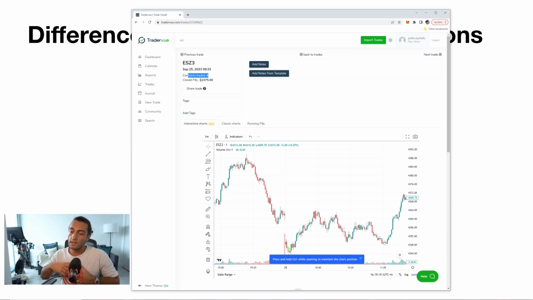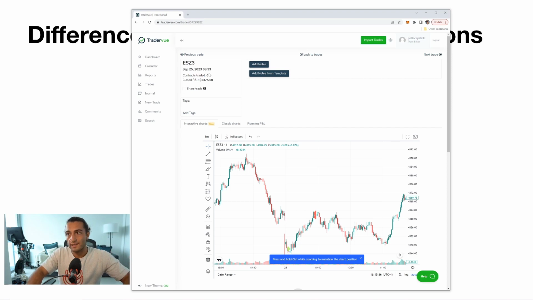There are brokers out there for futures specifically that let you day trade with a lot less margin requirement. Like I said, with the broker I'm using, I only need $500 to be able to trade 1 contract.